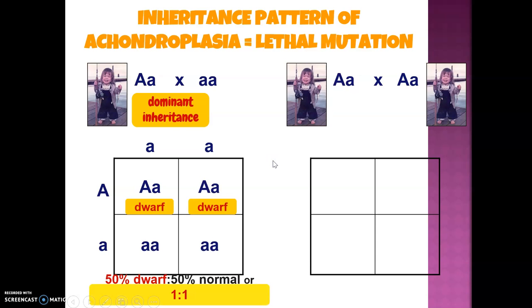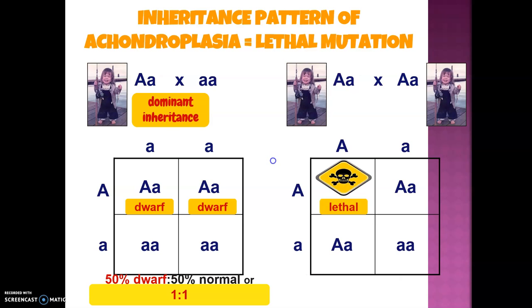So we could have 50% dwarf, 50% normal. Then if we mixed a dwarf with a dwarf, that's where we could get a lethal version. That would be the homozygous dominant. That is lethal. It will kill you. That's just basically too much of the dwarfism traits for your body to even function.